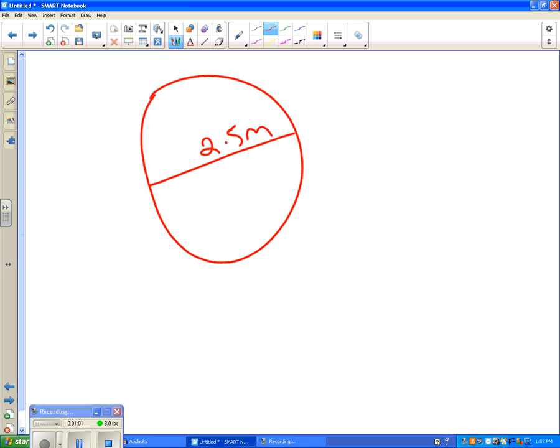We have to remember that the diameter has to go through the center of a circle, and the radius goes from the center of the circle to any point on it, and it is half of our diameter. So this line here is half of 2.5, which is 1.25 meters.